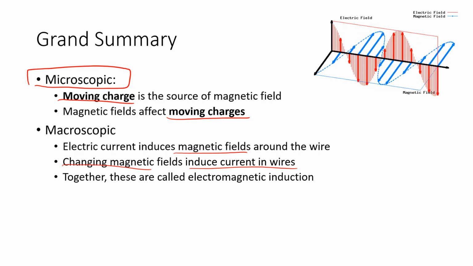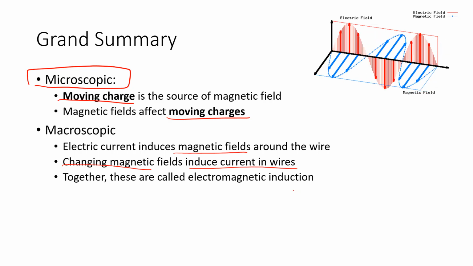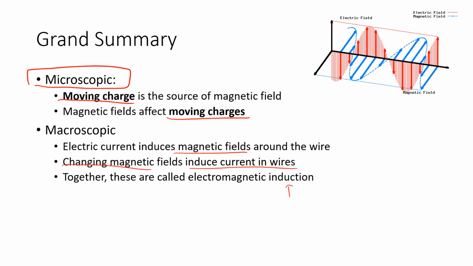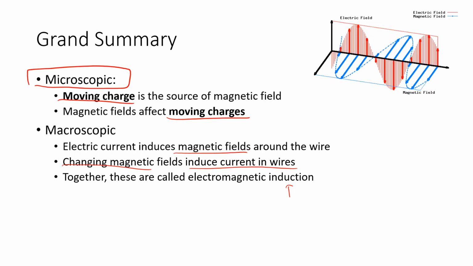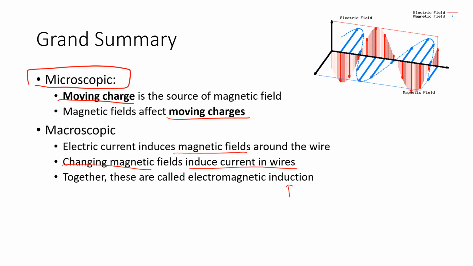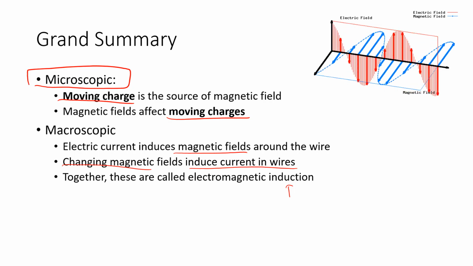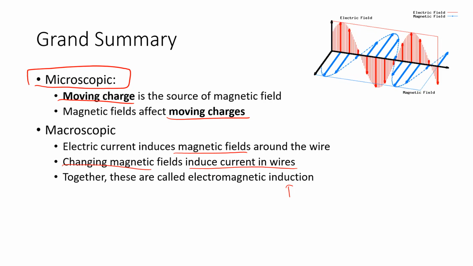One last interesting bit. Electromagnetic induction is actually responsible for everything we see in the universe. Because if we have a changing electric field, we get a magnetic field. And if we have a changing magnetic field, we get an electric field.